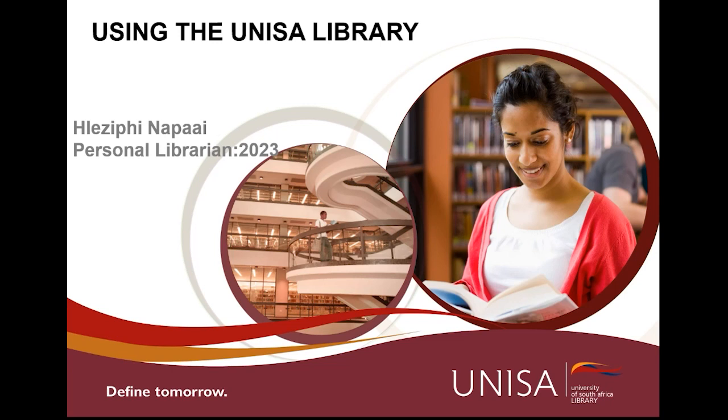What I'm going to take you through this morning is how you're going to navigate the UNISA library to search for either books or ebooks or articles so that you are able to assist or help yourself, because the key here is to empower you all to be able to use our systems, to be able to write your own assignments and search for things that you need for your research projects, and also to be able to request, because everything that we do now, it's available online.